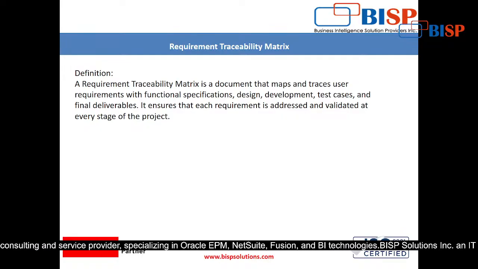All these things are managed in the requirement traceability matrix. It's not a tracker. Tracker is something different: it tells which person is doing what task, which phase the task is in, and how many days are completed during that task. That is different. This is the requirement traceability matrix.